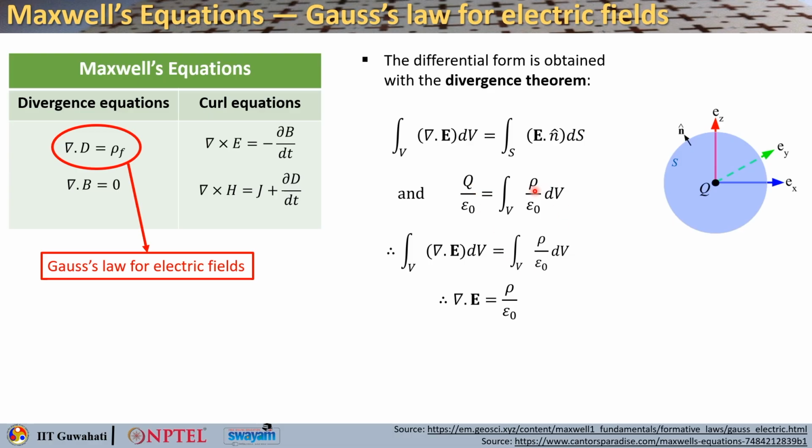If you know the volume charge density rho and you integrate it over the volume, the integral of rho dV gives you the total amount of charge enclosed. So Q by epsilon naught can be replaced by this.